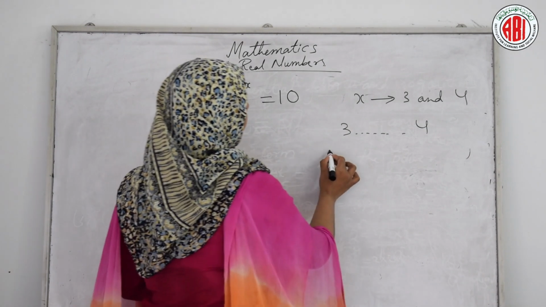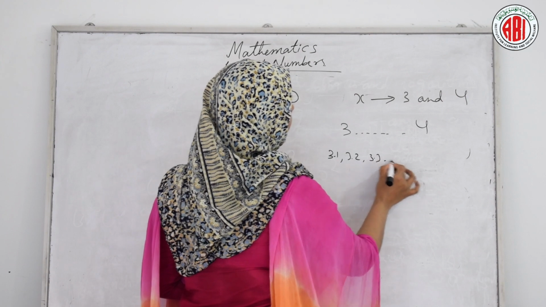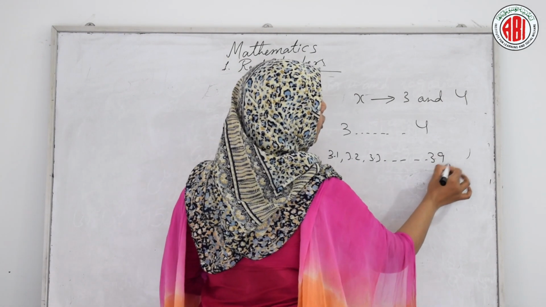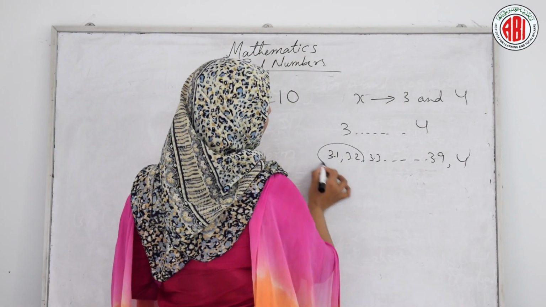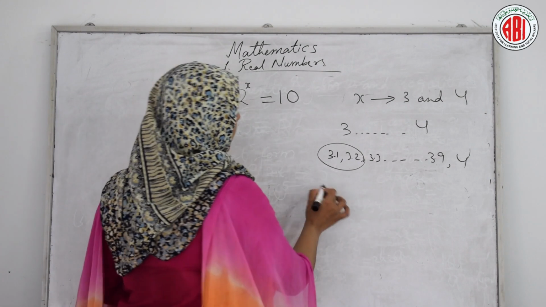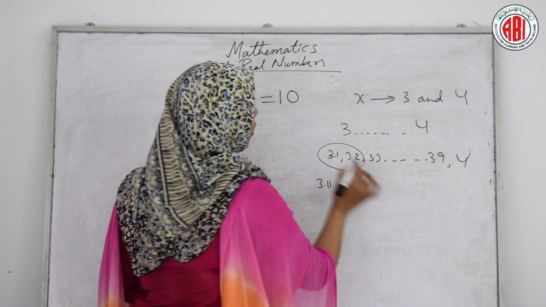That means it can be 3.1, 3.2, 3.3 like this. Not only this, between 3.9 and 4, but between 3.1 and 3.2 also we have so many decimal numbers, 3.11, 3.12.